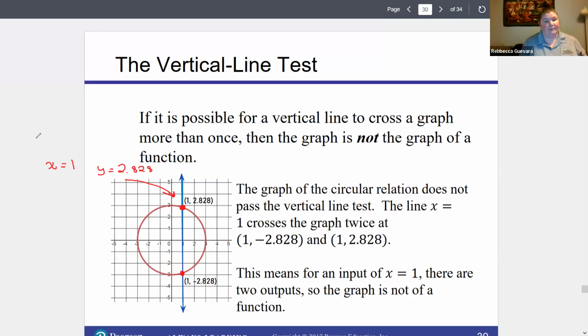Well, here's the problem. I also took this same number, and when I plugged it in, got this as well. So also, if x is 1, y can also be negative 2.828. So we have a problem here that one x is producing two y's.